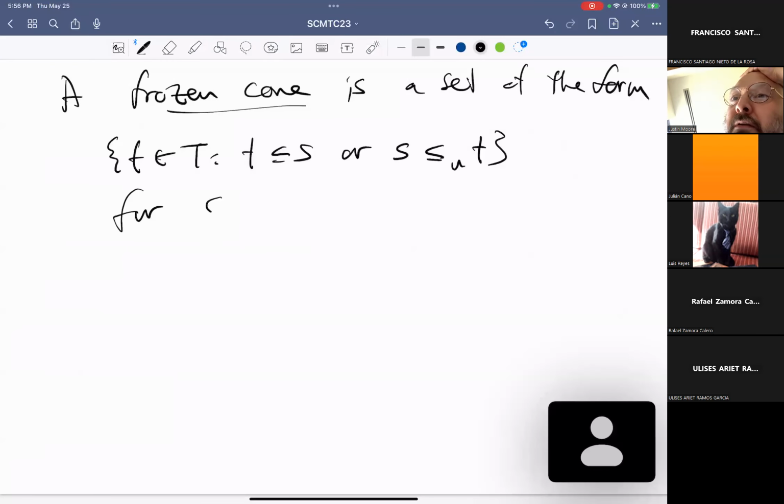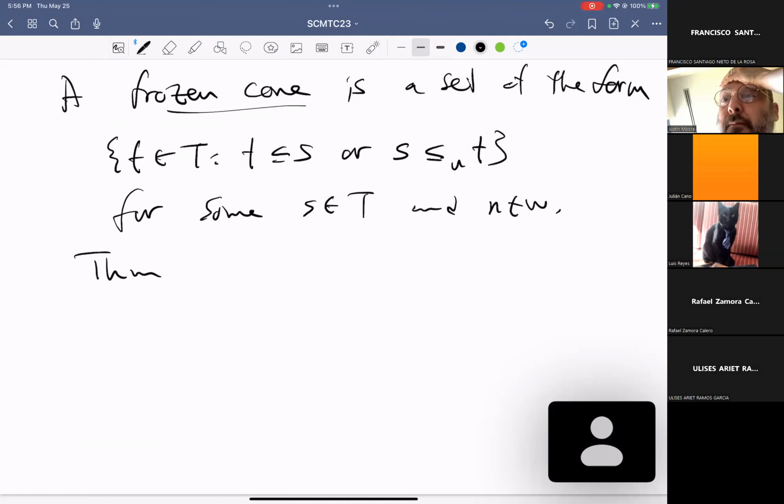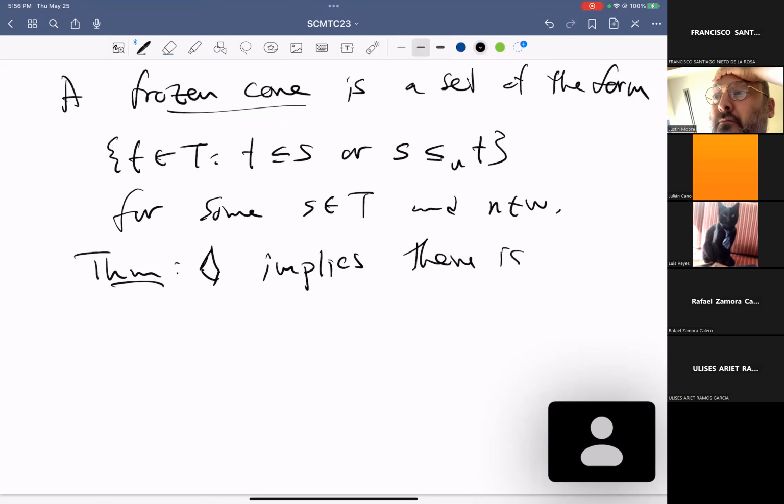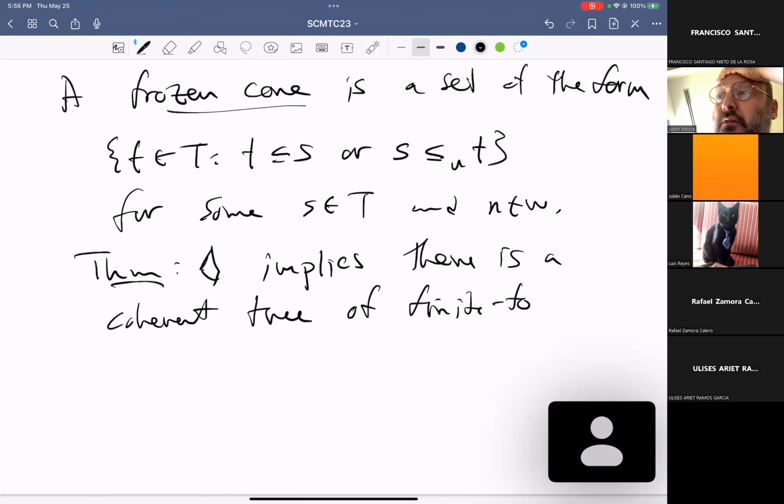This is for some S in T and n in omega. And so the theorem is really that diamond implies there is a coherent tree of finite to one functions such that T is closed under finite changes.